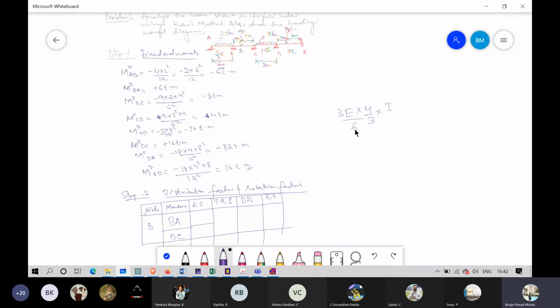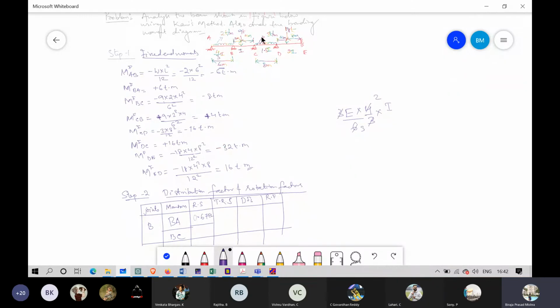So this 3 gets cancelled, this is 2, this is 3. So how much is 2 by 3? 0.66. So let's take it as 0.67 EI.